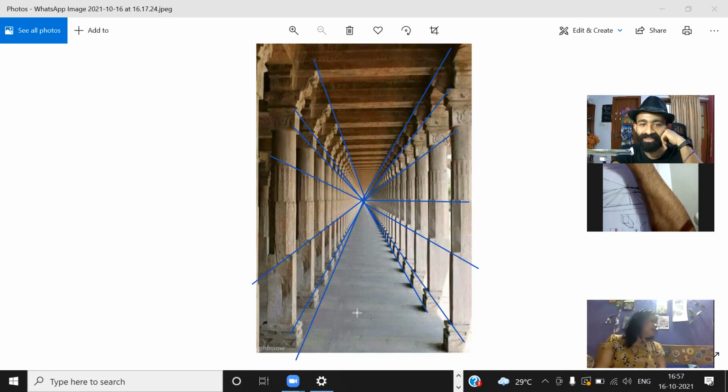All right. So let's first understand this, the simplest of perspective things we can understand. Or let's check out another image here.